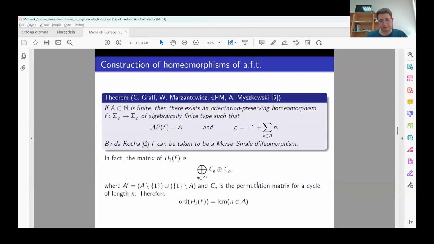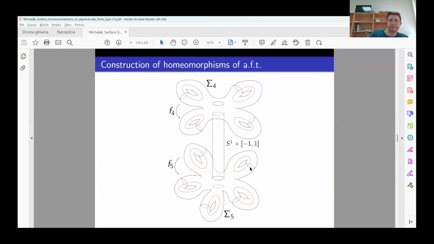Okay, and studying Morse-Smale diffeomorphisms and the dynamics, we provided a construction, which probably I should show in the picture. This is just the rotation on some pieces. This is rotation by 4, the action of the group Z mod 4.